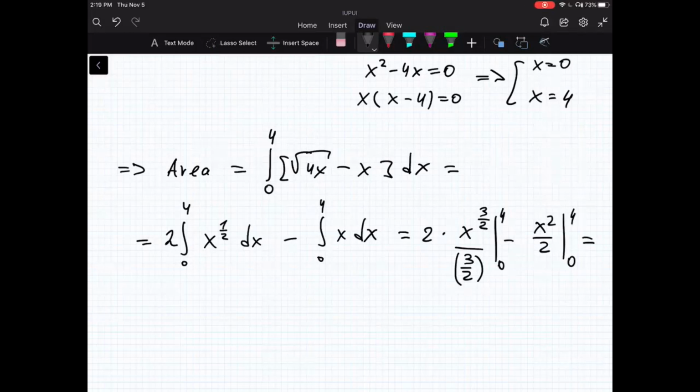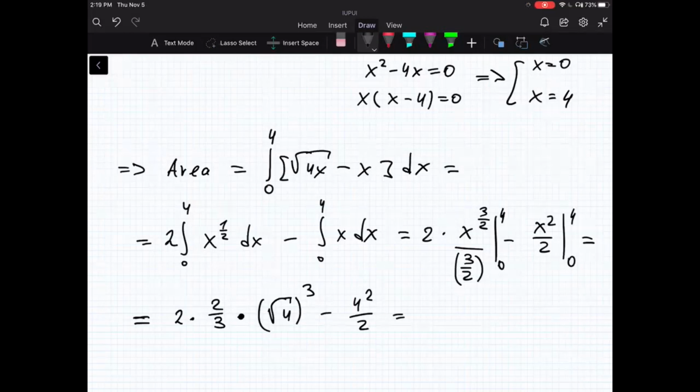So at 0 I get 0, so I'm interested only in upper limits. So it's 2 times 2/3 times square root of 4 to the power 3. That is the first one, and minus 4 squared over 2.